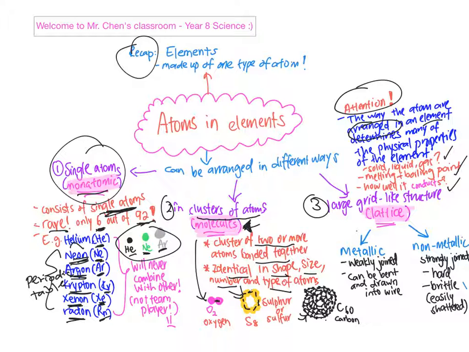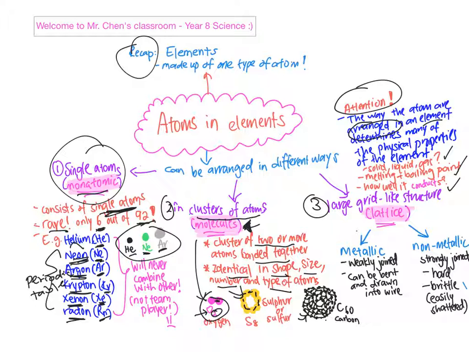For example, oxygen here is O2, which means there are two oxygen atoms joined together. Our air is full of oxygen, so there are a bazillion O2 molecules in the air.